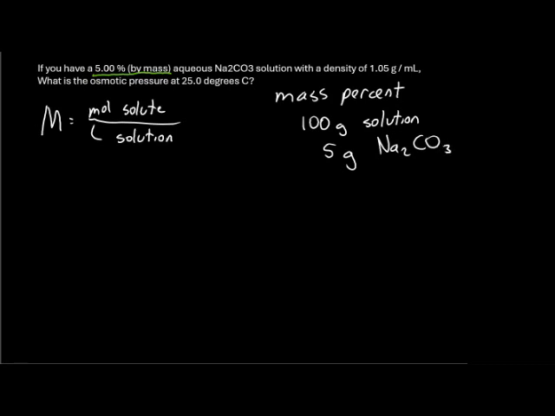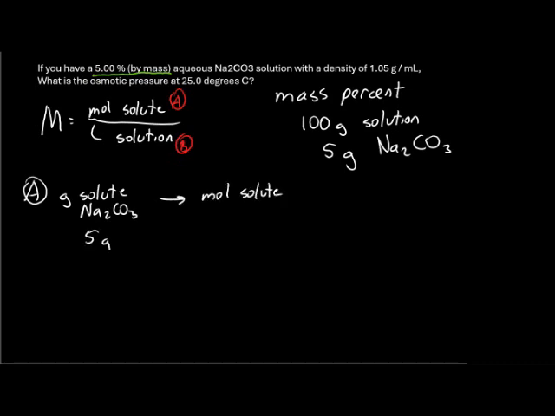So part A of this process will be to get the moles of solute, and part B of this process will be to get the liters of solution. For part A, we'll start with our grams of solute, which is Na2CO3, and go to moles of solute. We'll start with our 5 grams of Na2CO3. We'll get out of grams and get into moles. We'll write that we have 2 Na, 1 carbon, and 3 oxygen.